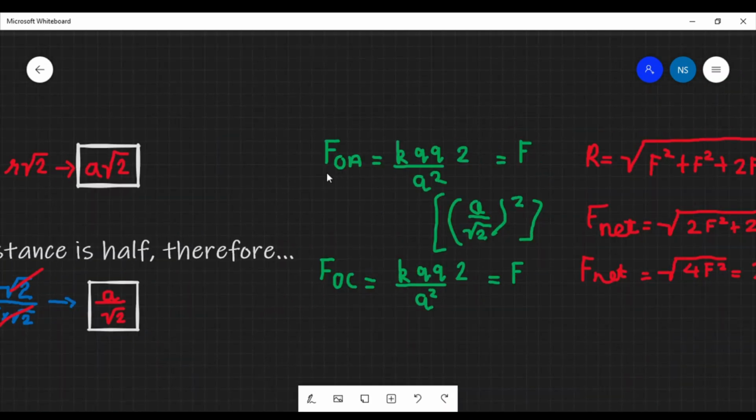Now we'll consider the force on O due to A, which is equal to KQQ by A square multiplied by 2. In this case, because over here the distance is A by root 2, we square it. After squaring we get A square.